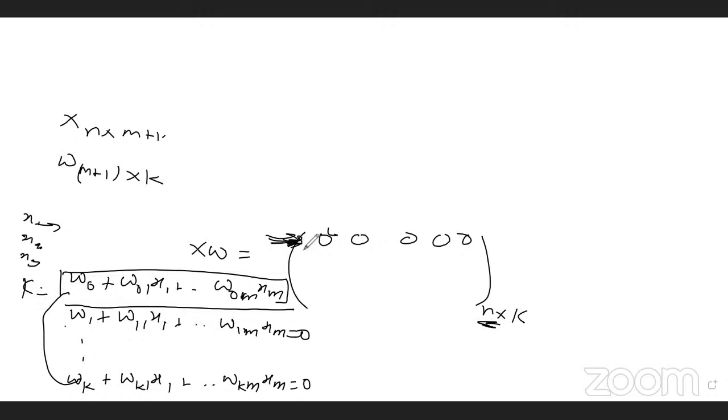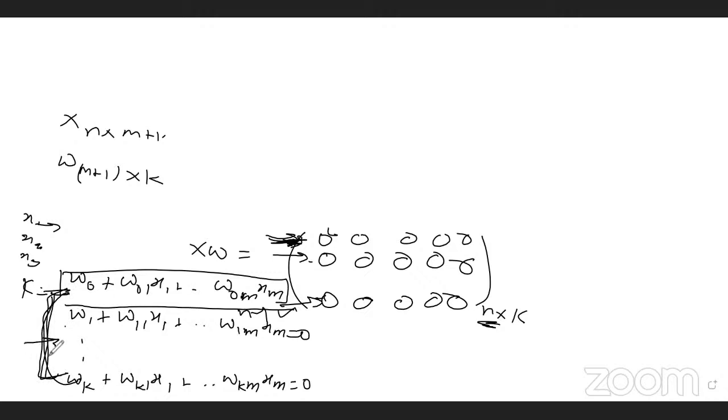So discriminant values for the first example are these, for the second example all these k entries, and for the last example, the nth example, these k values.